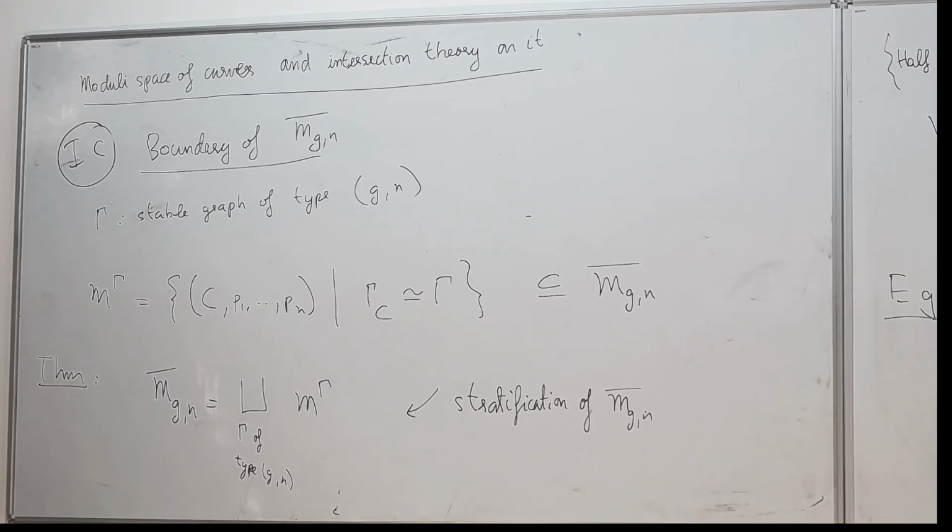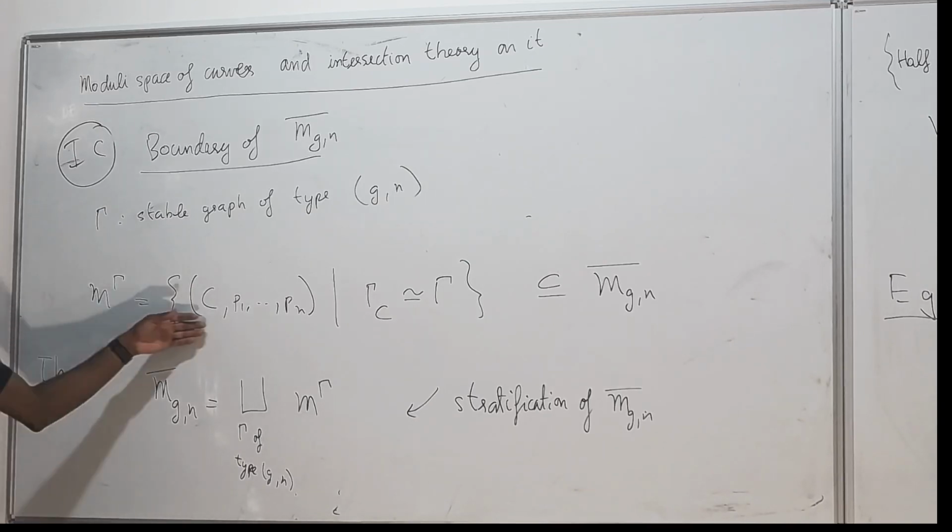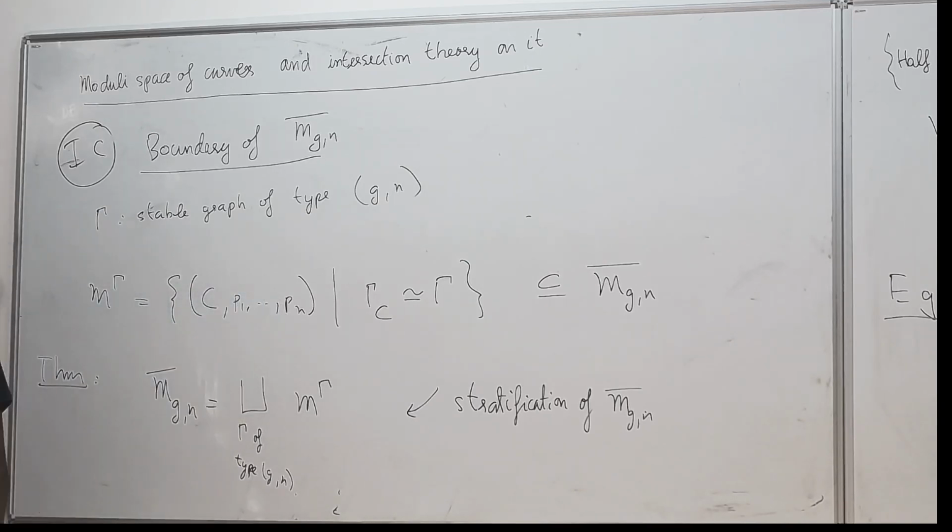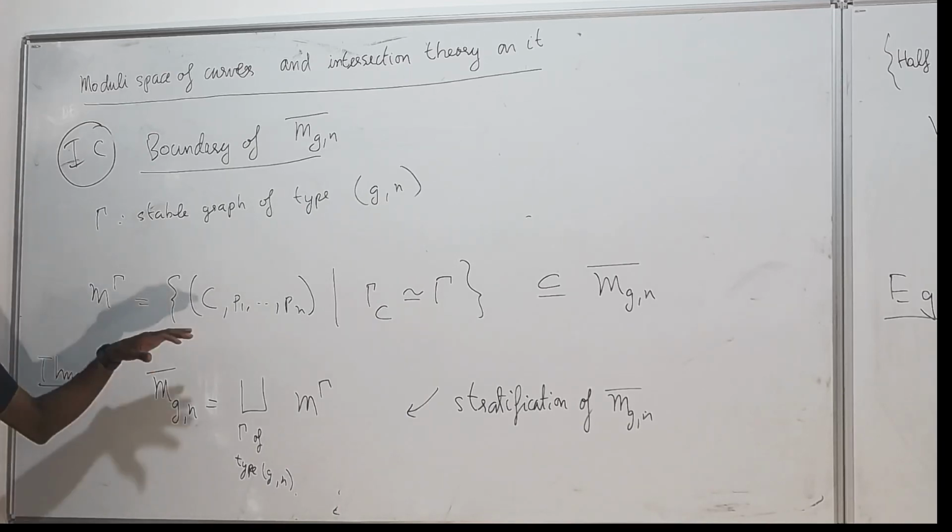Is that true? Because if I think about the image of the gluing map, then I think it's true that you get multiple copies because of the automorphism of the graph. But defined like this, I don't think I need to do that.